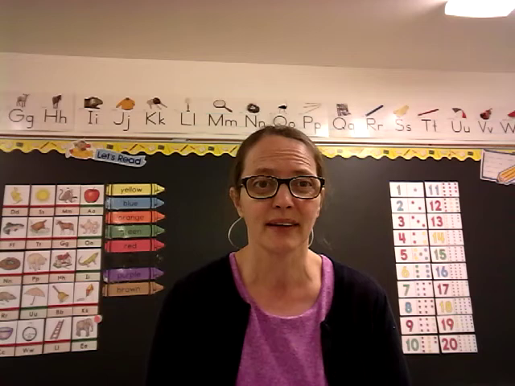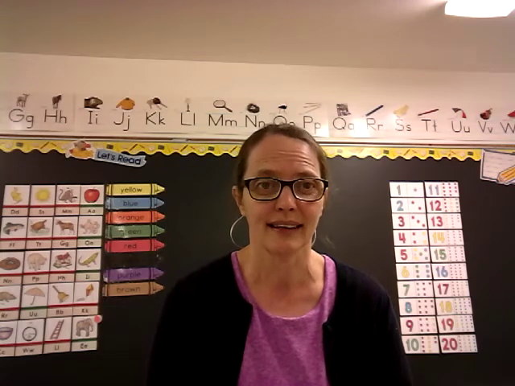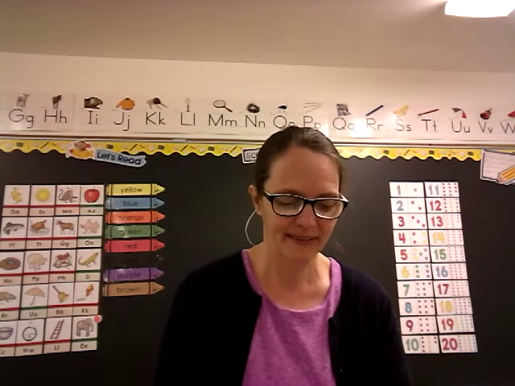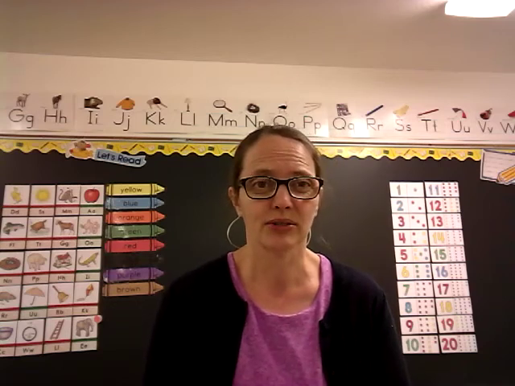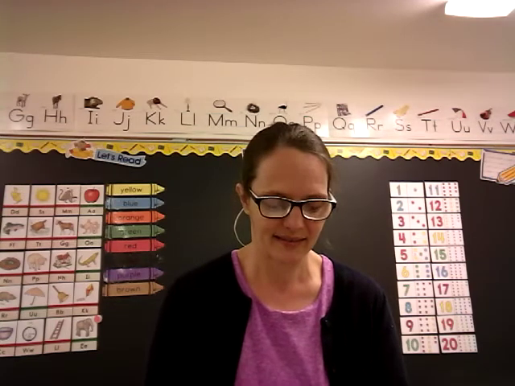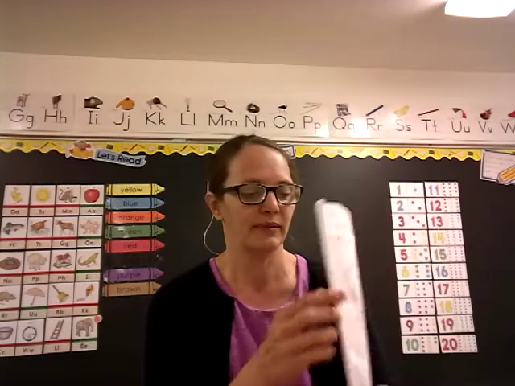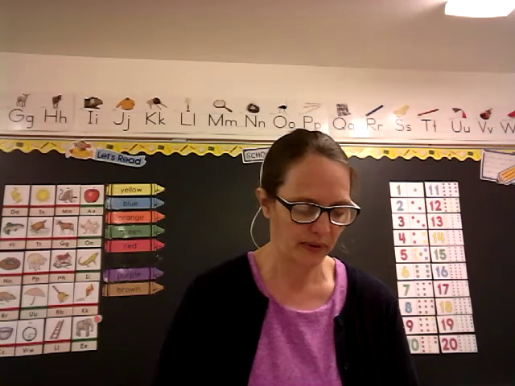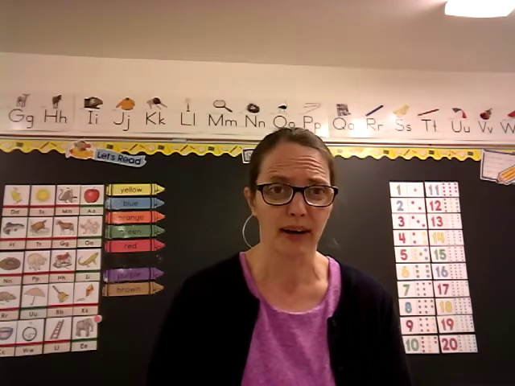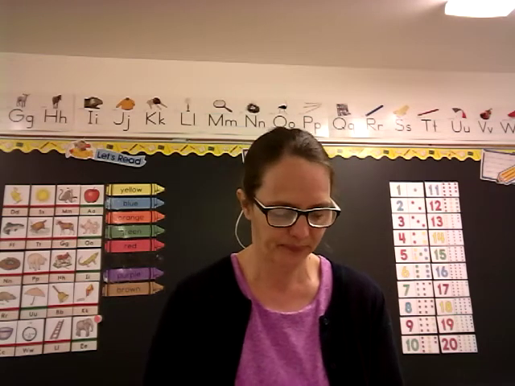Z. And the sound that it makes is Z. Isn't that easy? Kind of like, you know how electricity, Z. Yeah, that's the Z. Pretty easy letter. Not a whole lot of words start with the letter Z, but we're going to talk about a few of them today.